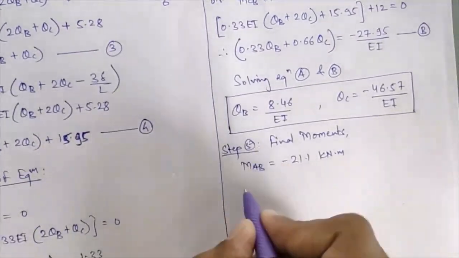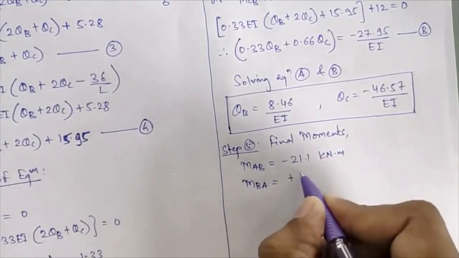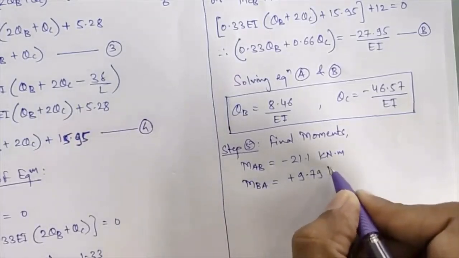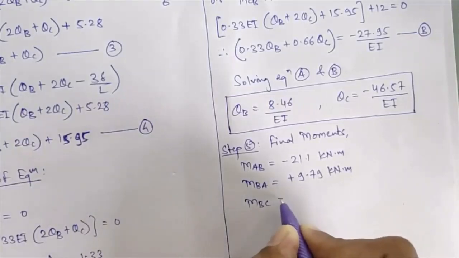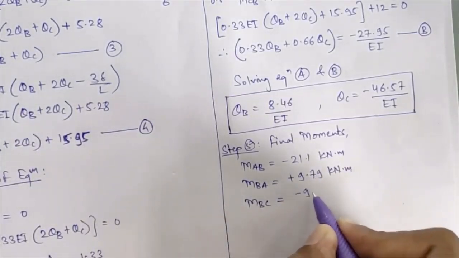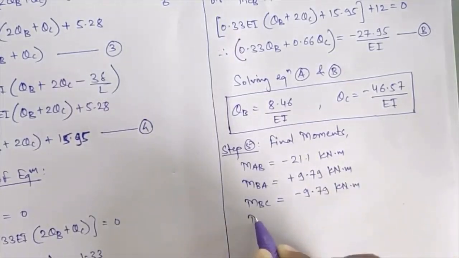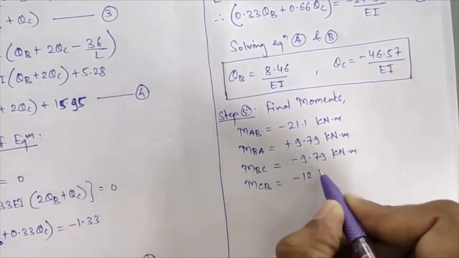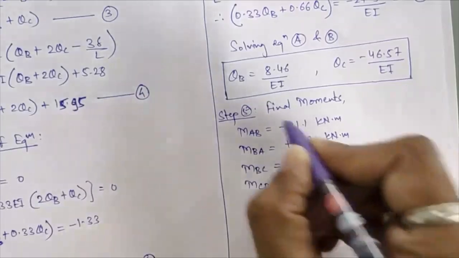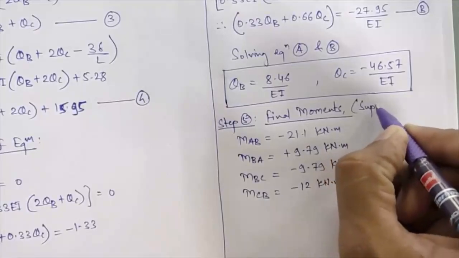Then MBA equal to plus 9.79 kilonewton meter, MBC equal to minus 9.79 kilonewton meter, and last, MCB equal to minus 12 kilonewton meter. These will be your final moments, or you can call them support moments.